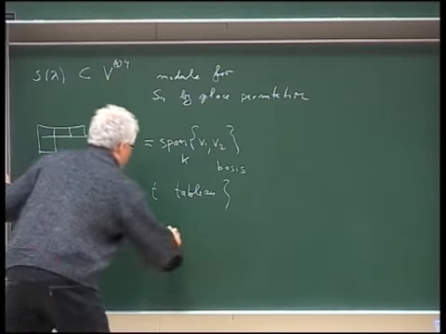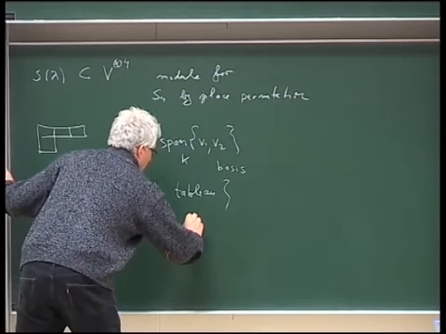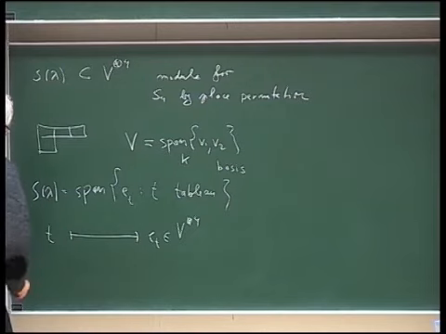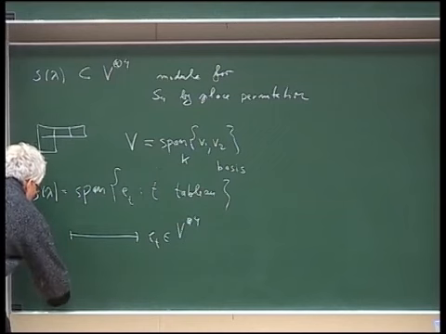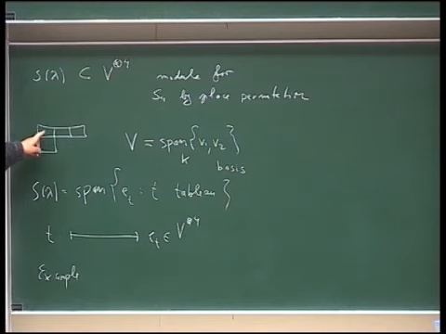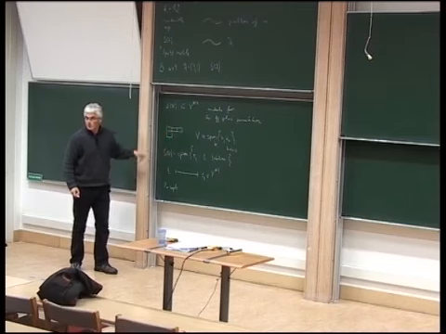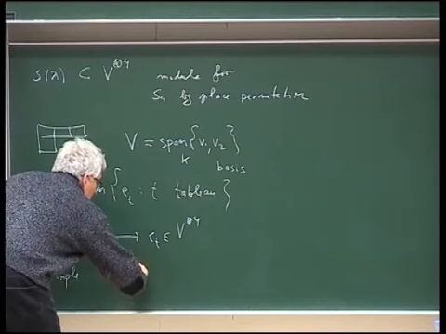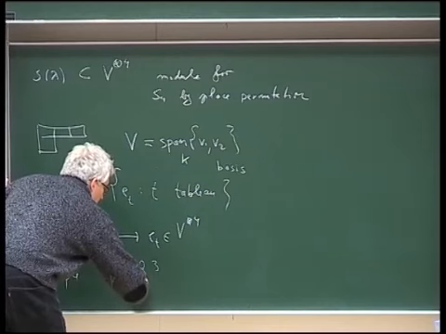ET of course would be a vector in the tensor 4. And I'll do it just also by an example. I'll take as my tableau, well, a tableau is a filling of the boxes of the partition, of the Young diagram, with the numbers 1 to 4 in this case. So I take T equal to 1, 2, 3, 4.